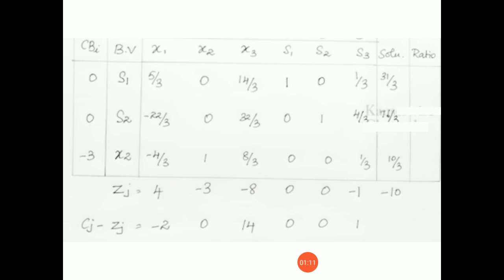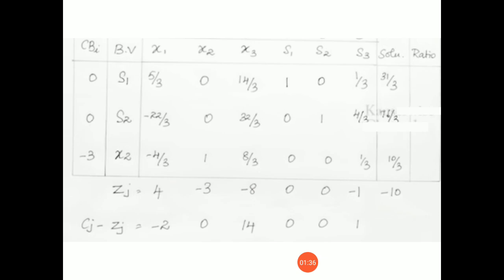But as you can see, here in iteration table 1, the Cj minus Zj row elements are not all positive or 0. There is a negative number. So when there is a negative value, this means we have not reached the optimality condition and we need to move to the next step.